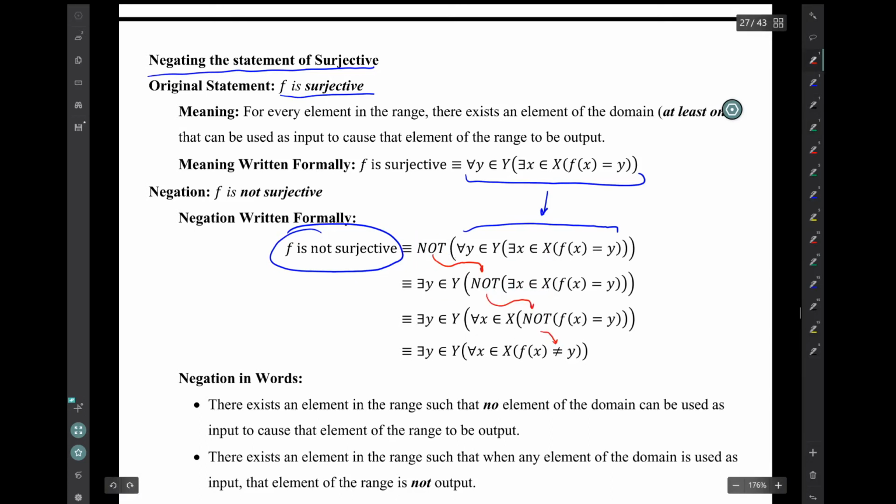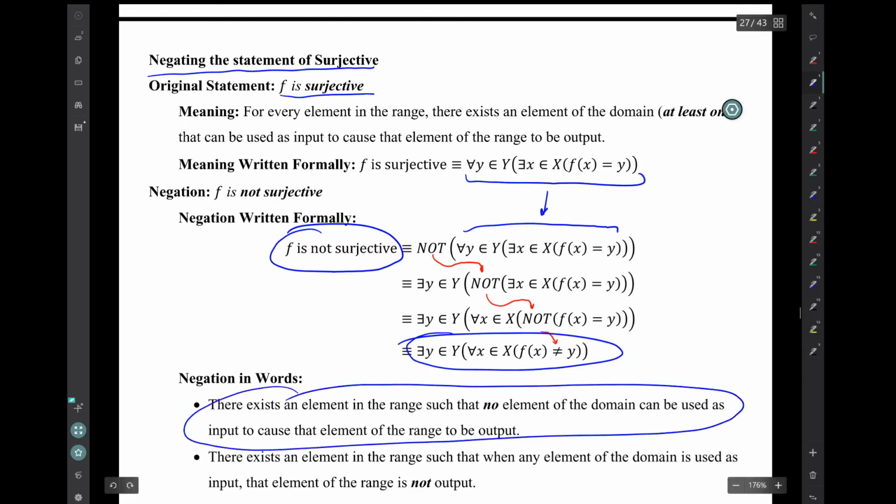We end up with this new symbolic expression that says F is not surjective. There exists a Y in the range set such that for all X in the domain set, the output caused by X is not equal to Y. So there is an element in the range such that no element of the domain can be used as input to cause that desired element of the range to be the output.